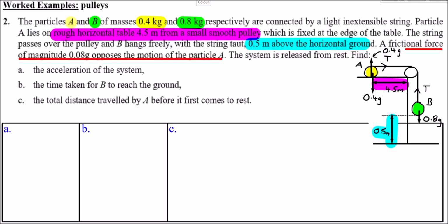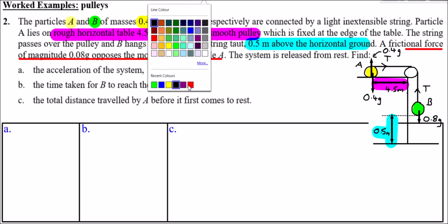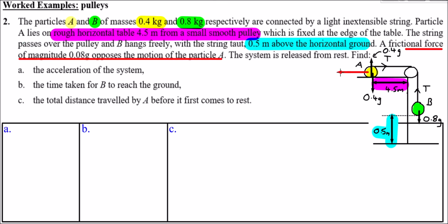So what we can do here is add in that force of 0.08 g going against A's motion. So that now is finally pretty well labelled. In fact, that is as much labelling as we should need.